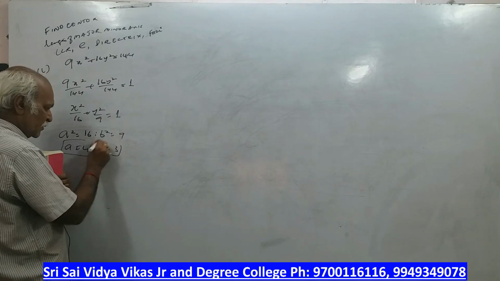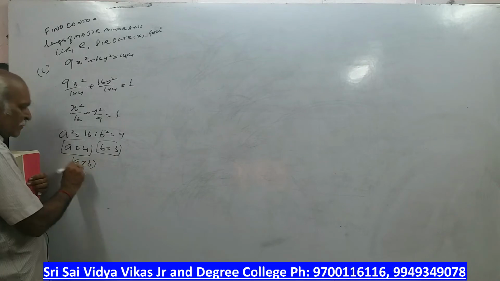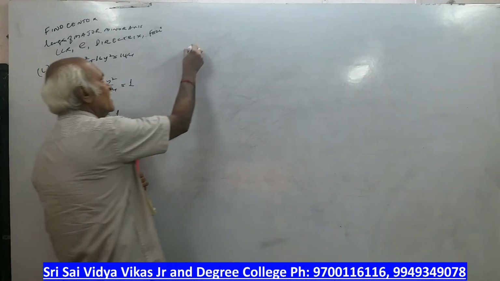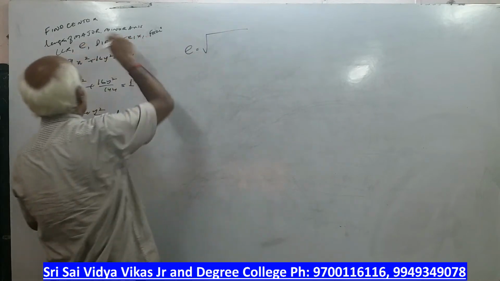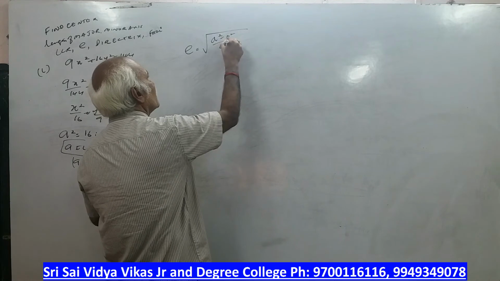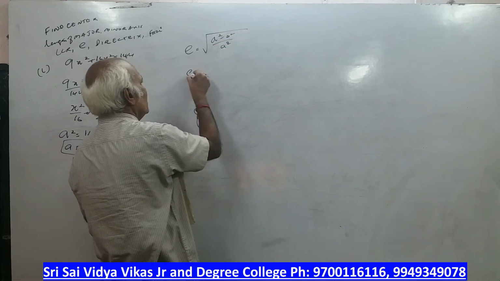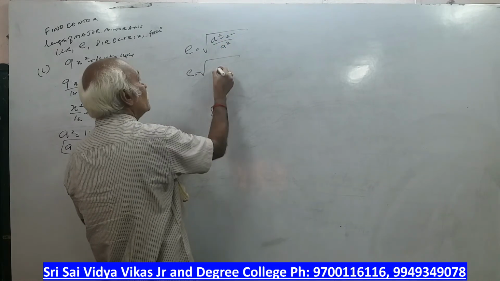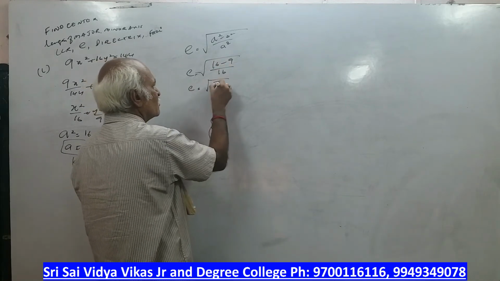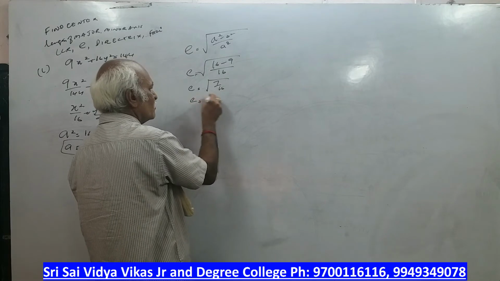What is the condition? a is greater than b. First we have to find the e formula, e is equal to root of (a square minus b square) by a square. So e is equal to root of (16 minus 9) by 16. e is equal to root 7 by 4.